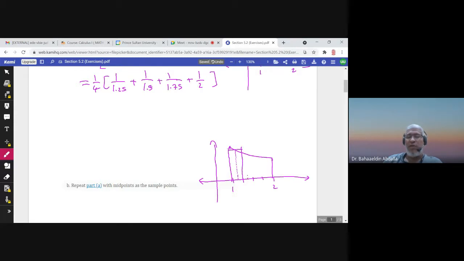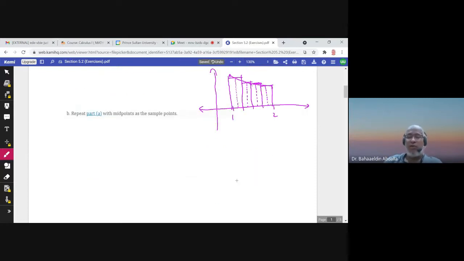So this is the first rectangle, and this is the second rectangle, and this would be the third rectangle, and this would be the fourth rectangle. We need the midpoints.